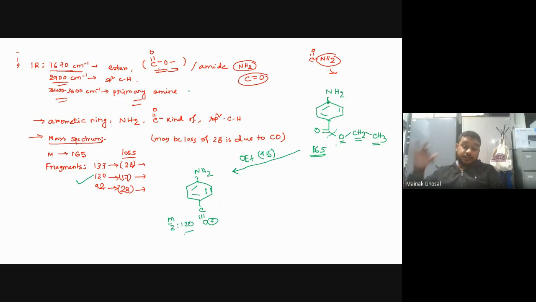Now from 120 you see a mass loss of 28, and I have told you that there could be a loss of CO. From here CO loss is very easy. So you will be left with this one, this NH2 kind of thing. If you count the mass, you will get 92.